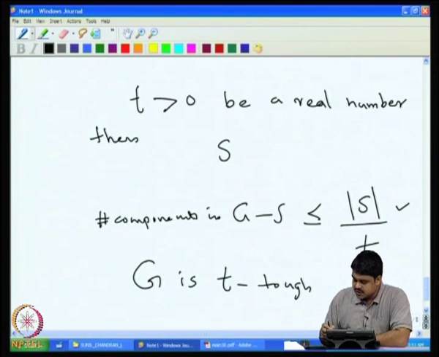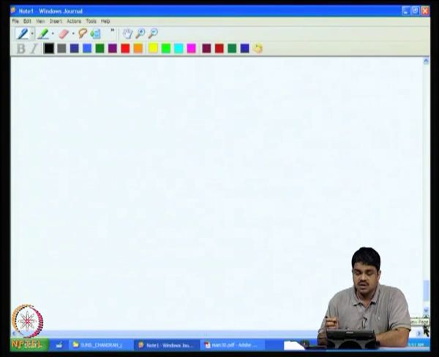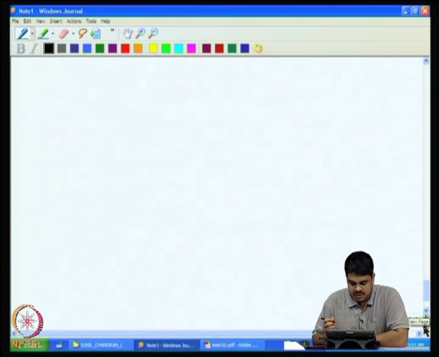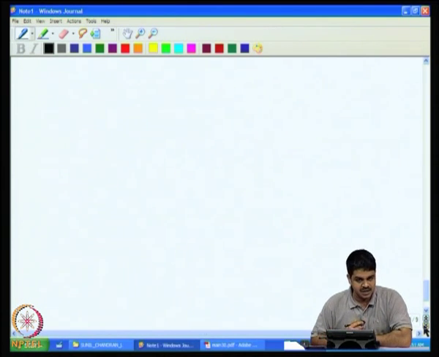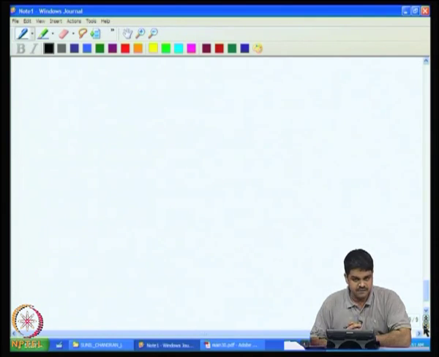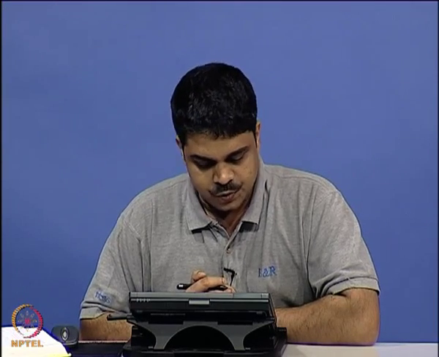So, why is toughness interesting in the context of Hamiltonian circuits? The toughness is interesting because if a graph is Hamiltonian, it has to be tough, it has to be at least 1-tough. Why is it so?